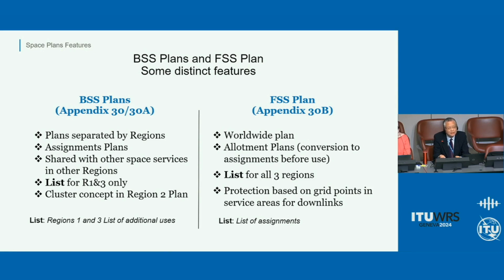And for 30B, you also have a list, which includes modification, including the modification to the allotment after conversion and the introduction of additional systems. So additional ones, in addition to those already in the plan, or modifications to the plan, will be included in the list for 30B and for the Region 1 and Region 3 30/30A plan. But for the Region 2 BSS plan in Appendix 30/30A, there's no concept of the list. Everything is included in the plan.